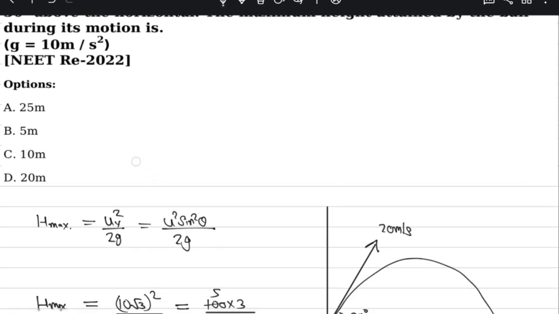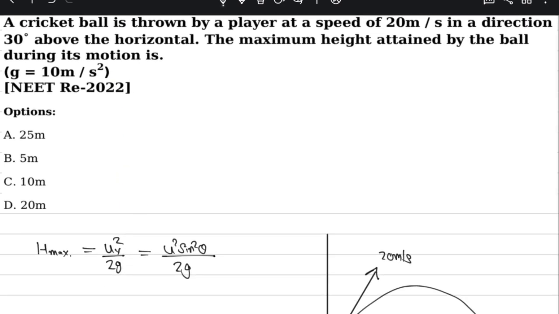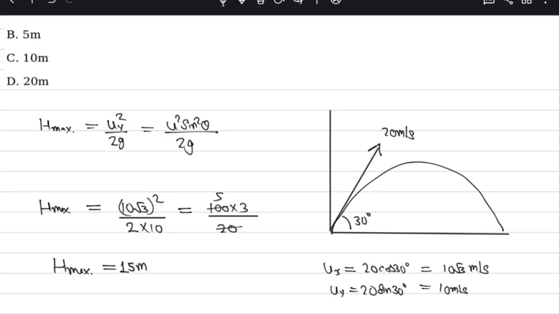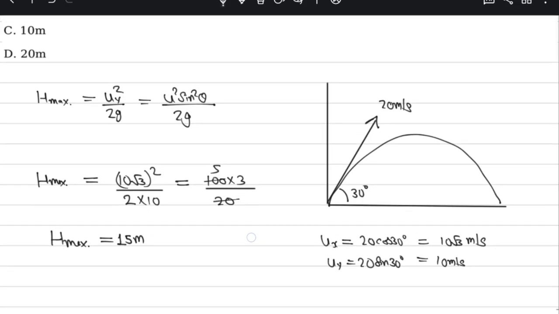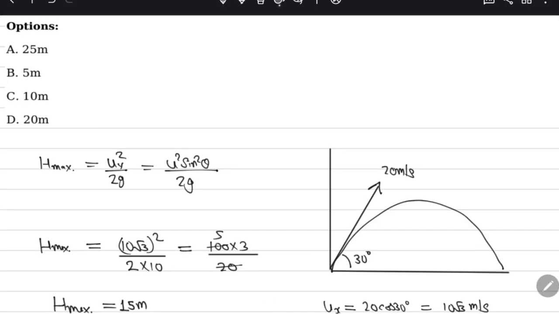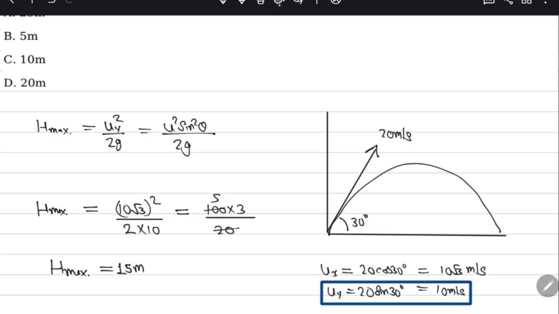I think in this question there is some mistake. Oh, sorry. We have to take the y component, and I took the x component here. Sorry, that's a mistake I made.